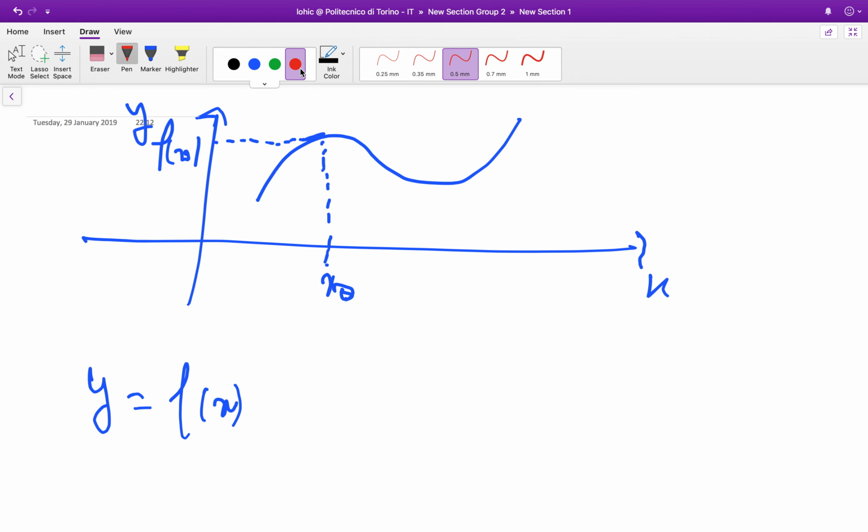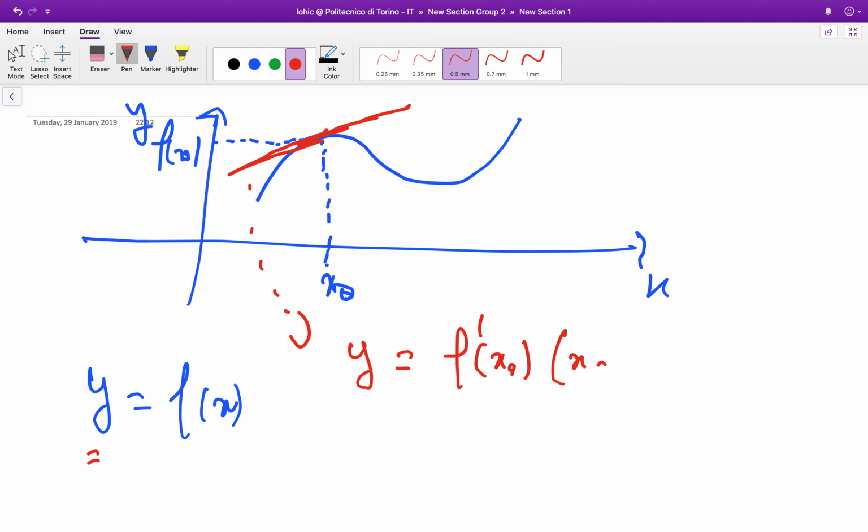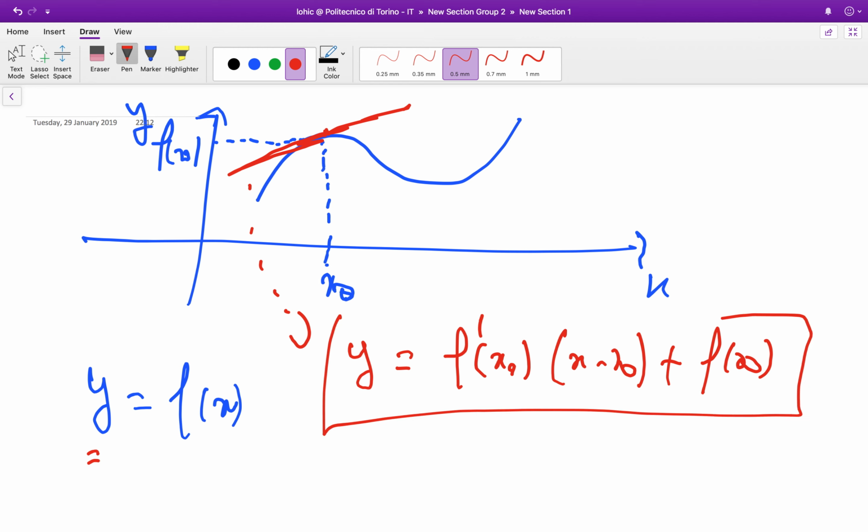Note that the tangent line at this point was this. What was the equation of this tangent line? It was y, the explicit variable, equal to f prime of x0 multiplied by x minus x0, plus f of x0. This was the equation of the tangent line.